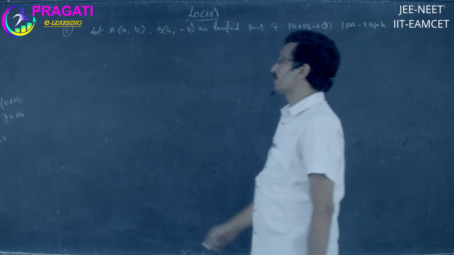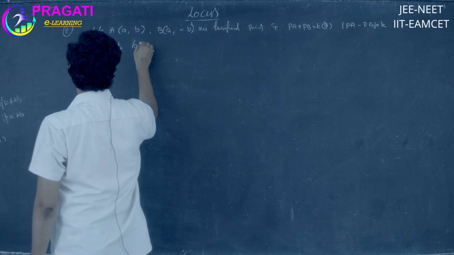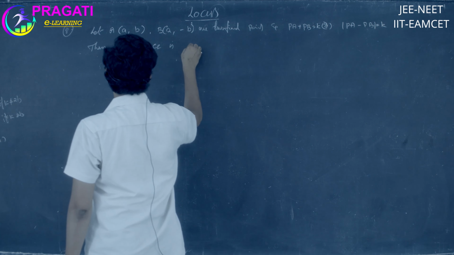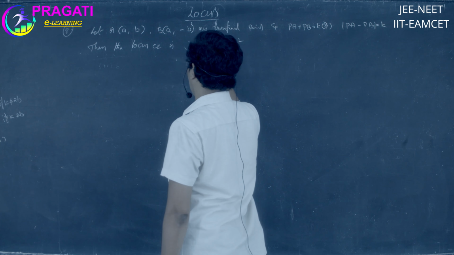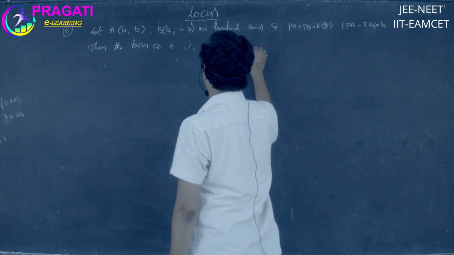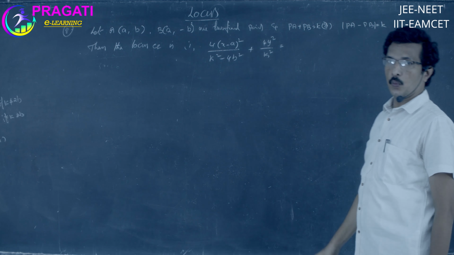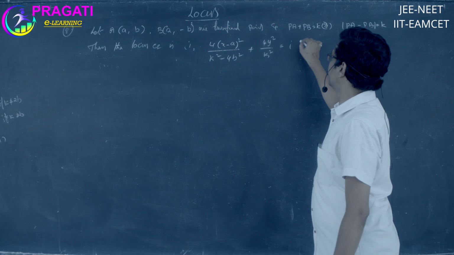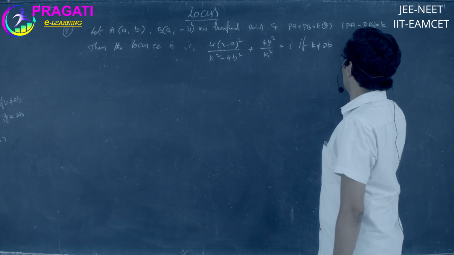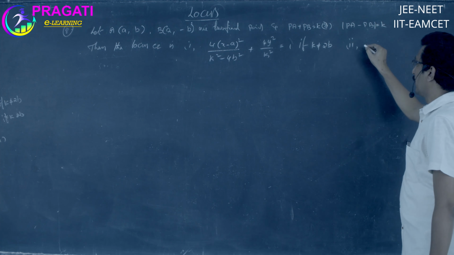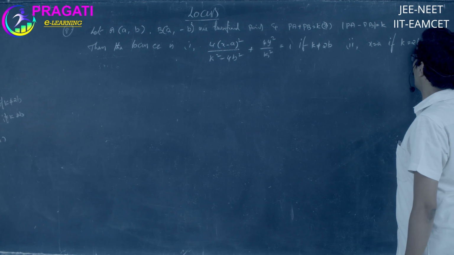Then the locus equation is, the first one, 4 into (x minus a) whole square by k square minus 4b square, plus 4y square by k square is equal to 1, if k not equal to 2b, and the second one is x is equal to a if k equal to 2b.